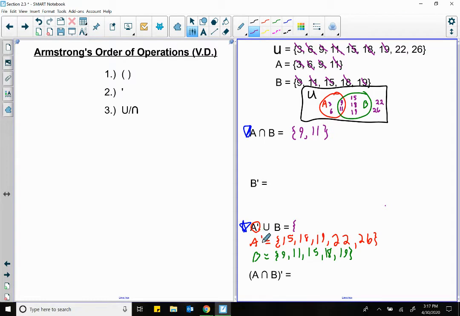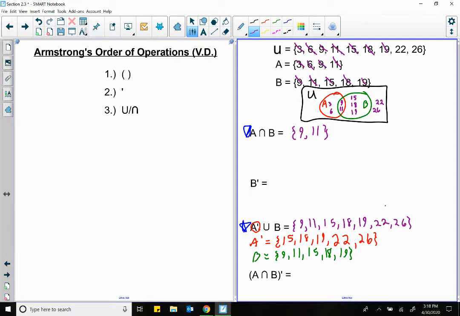So our answer to this, what is the complement of A union B? Well, we have 9 coming from the green, 11 coming from the green, and then 15, 18, 19, which are in both of them, and 22 and 26.